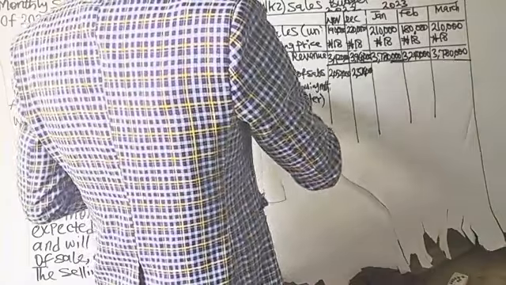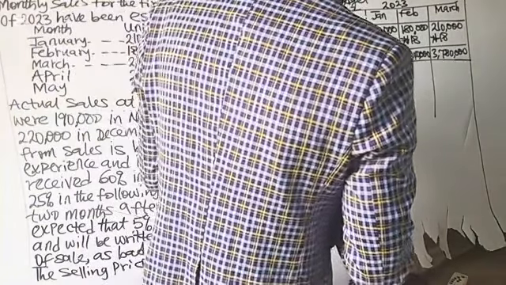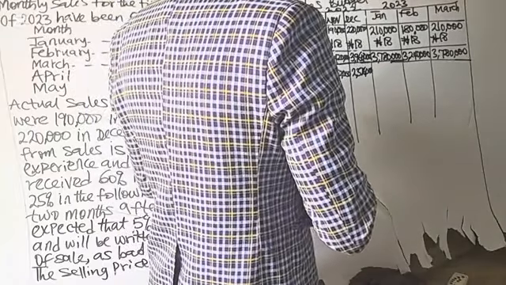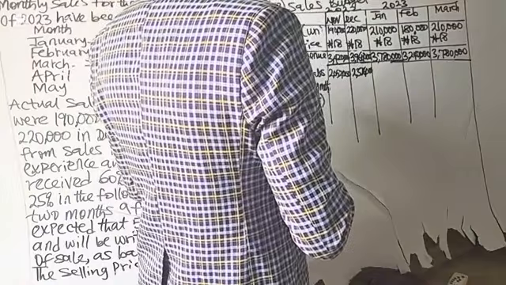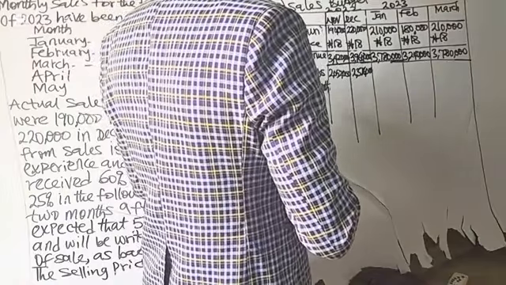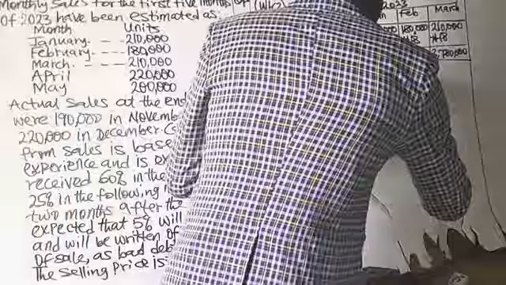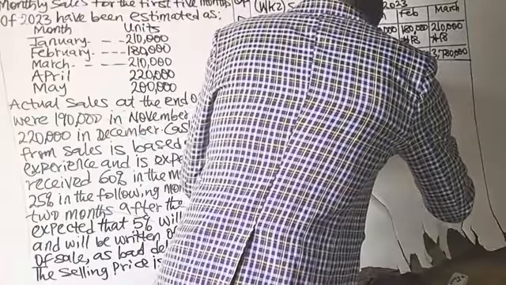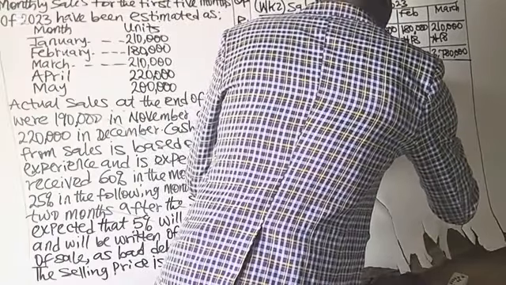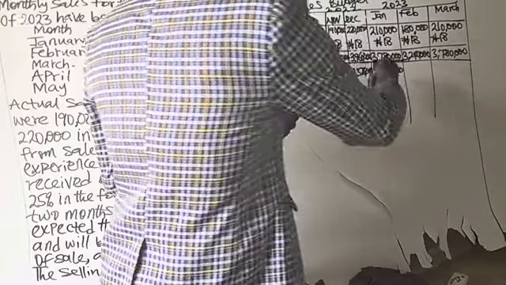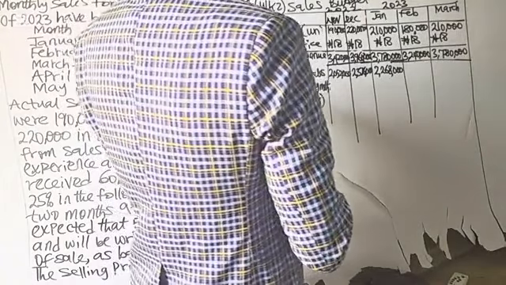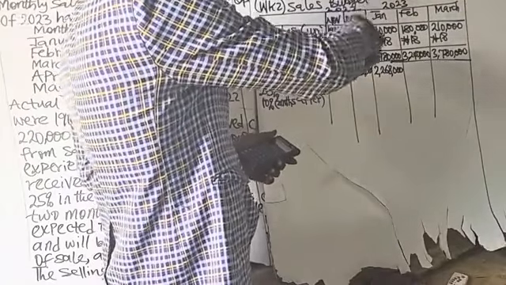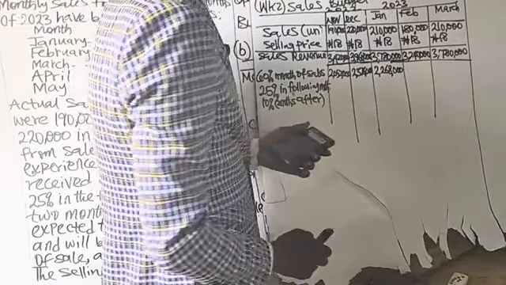We were told 60% will be received in the month of sales. For 3,780,000, 60% is 2,268,000. We are recording it against that very month because 60% of that monthly sales will be received that very month.